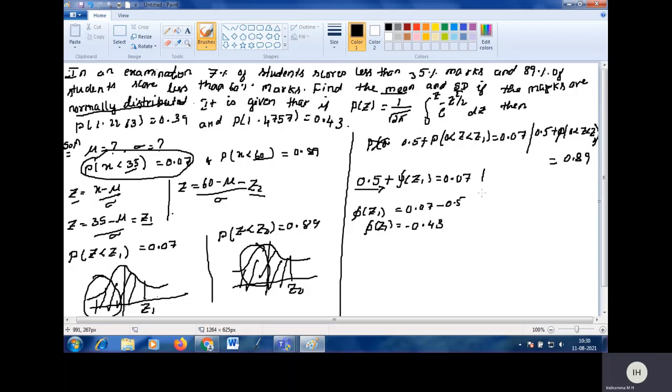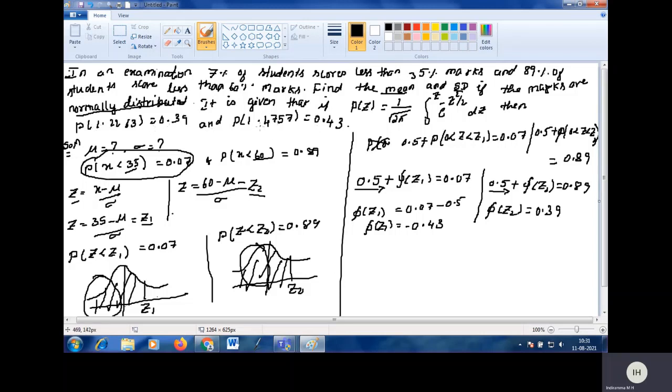Similarly, you can write this as 0.5 plus phi of z2 is equal to 0.89. You take this to the RHS, therefore phi of z2 is equal to 0.89 minus 0.5, which will be 0.39.